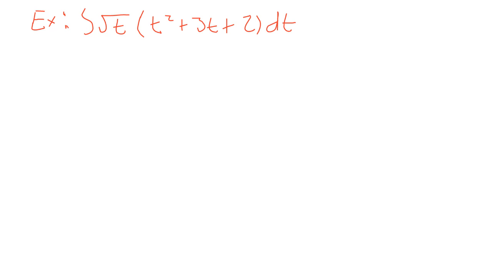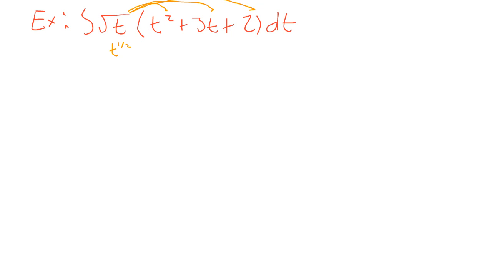So let's look and see what we can do with this so far. We have two functions multiplied together, but since these are all just normal power functions, we can distribute. We can distribute this square root of t to all of our other terms, and we can treat this as t to the 1/2.